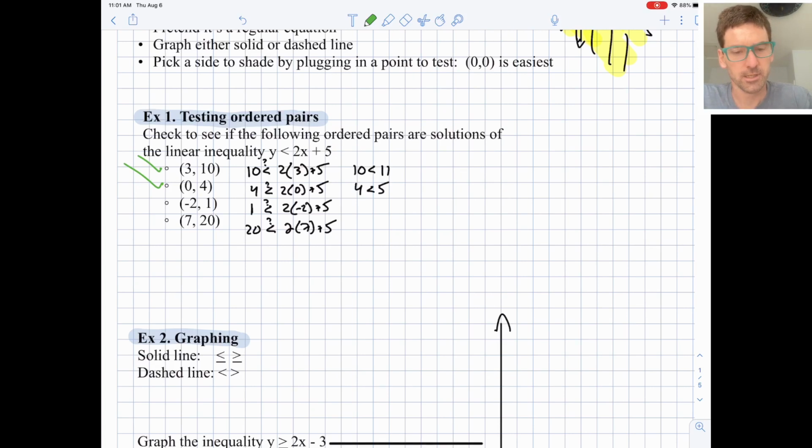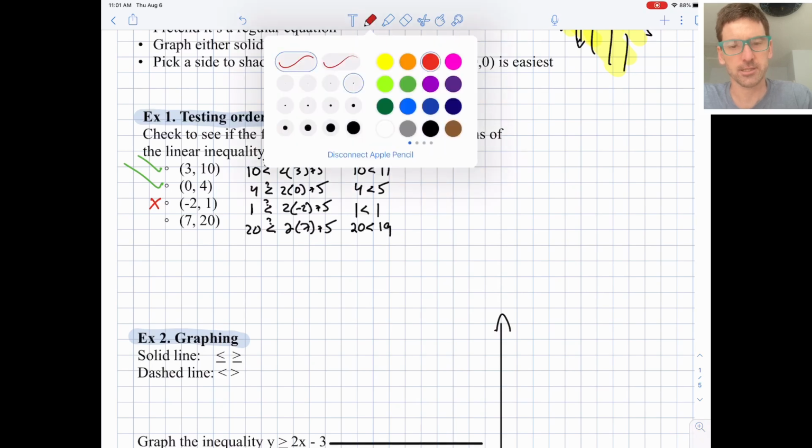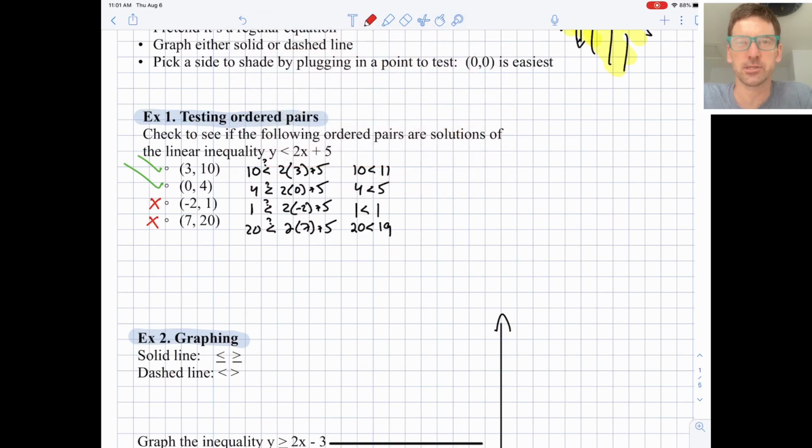Is 1 less than 1? No, it's not. 1 is equal to 1. So that one does not check out. That one doesn't work. And is 20 less than 19? No, it's not, clearly. So that one also doesn't work out.